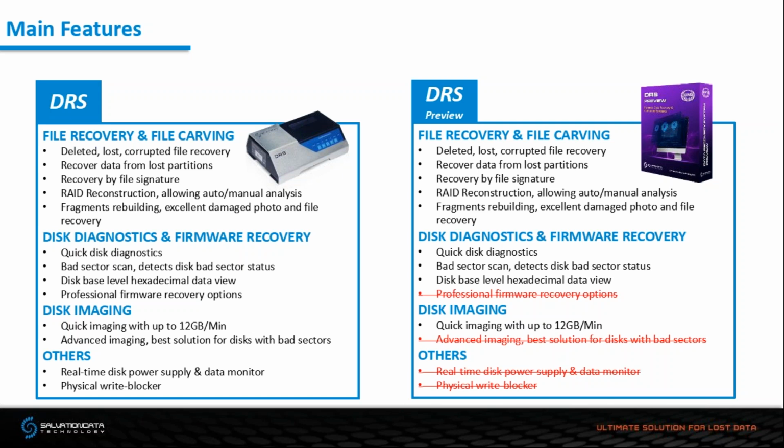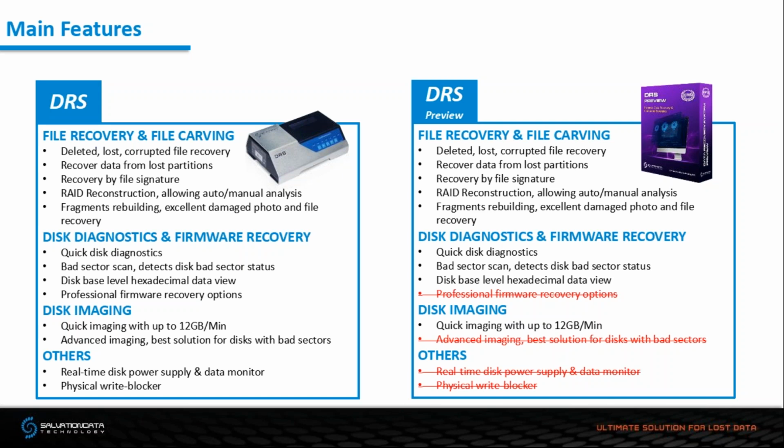However, because there is no hardware unit, the firmware recovery and advanced imaging functions are not available in DRS Preview. So compared with the DRS hardware version, DRS Preview has much less capability to deal with defective hard drives.